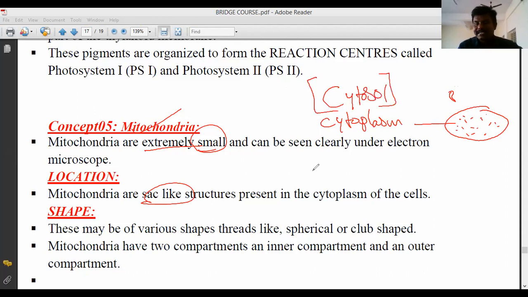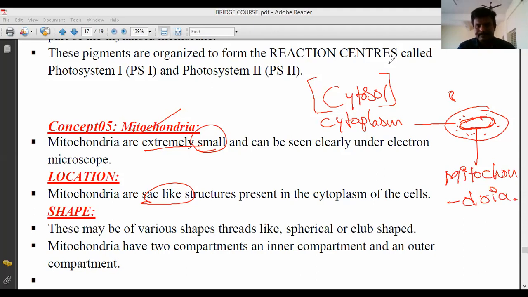Cytoplasm is also called cytosol. Inside the cell, there is cytoplasm. In that cytoplasm, there is a sac-like or bag-like structure called mitochondria.